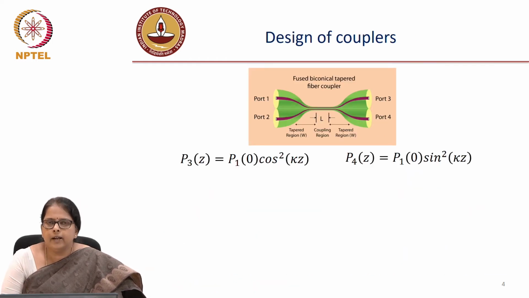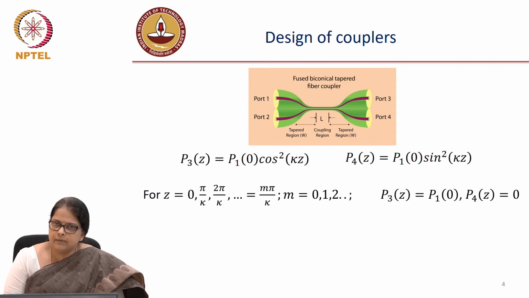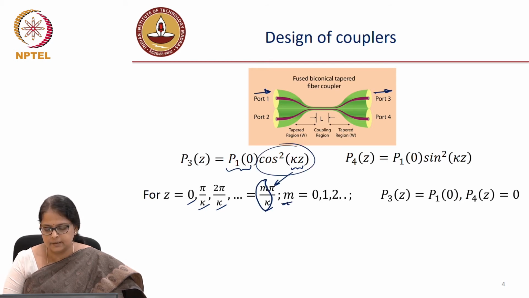Then for a given kappa, how do you now design a coupler? You know P3(Z) is this, P4(Z) is this. If you choose your coupling length Z to be either 0, or pi by kappa, or 2 pi by kappa, or in fact m pi by kappa, where m is 0, 1, 2, 3, etc. then kappa Z is equal to m pi.